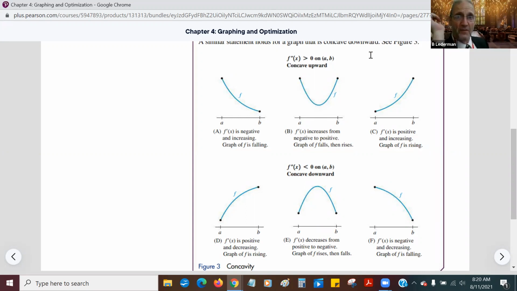And that's important. If f double prime is positive, it doesn't mean that f single prime is positive. You see what I'm saying? It just means that f single prime is increasing. But it could be negative. It's just becoming a smaller negative as we go from left to right. And here too, f double prime is negative down here, even though the derivatives here, at least on the left side, are positive.